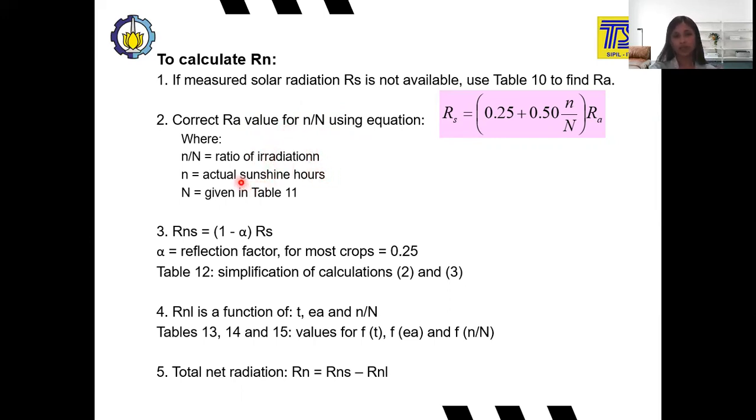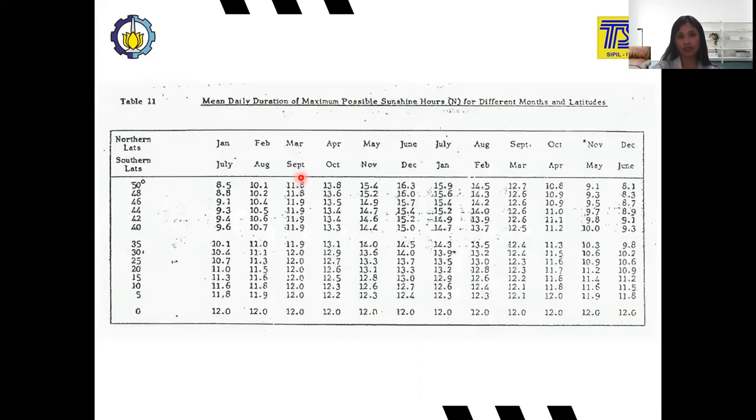Irradiation is the number of actual sunshine hours in one day, and the big N is given in table 11. Here we have the mean daily duration of maximum possible sunshine hours. In different months there will be different sunshine hours, especially in regions which have 4 seasons.